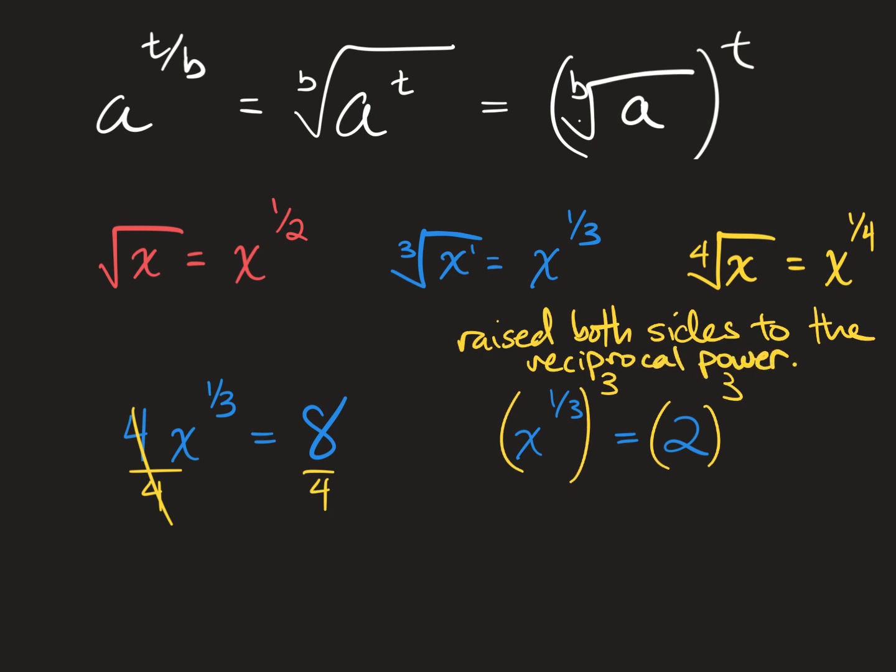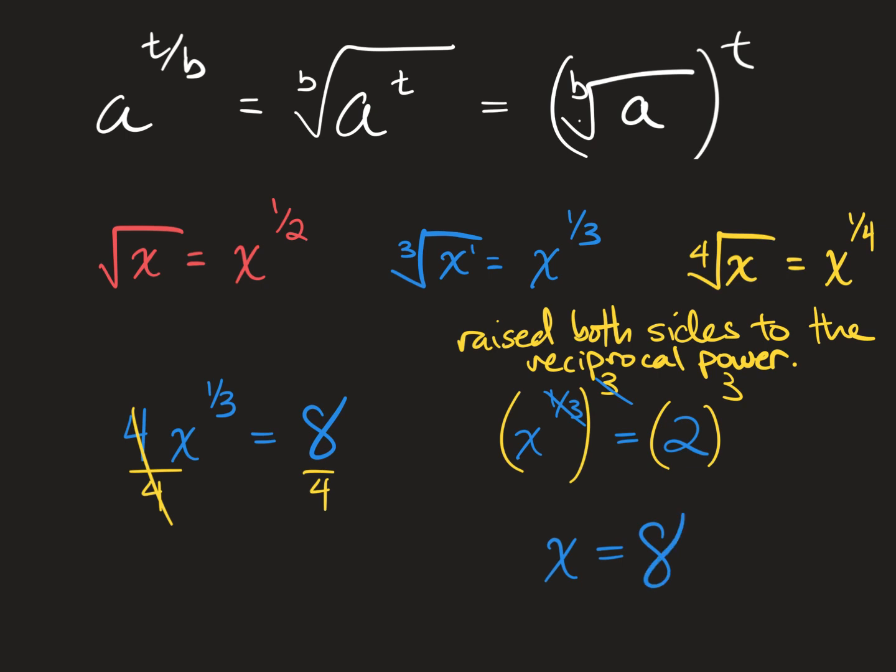That's what happens. Reciprocal, I hope you remember, is just when you flip a fraction on its head. So 1/3 becomes 3/1. We don't write the over 1 because 3 divided by 1 is just 3. All right, so from there, you can reduce this with this and get x equals 8.